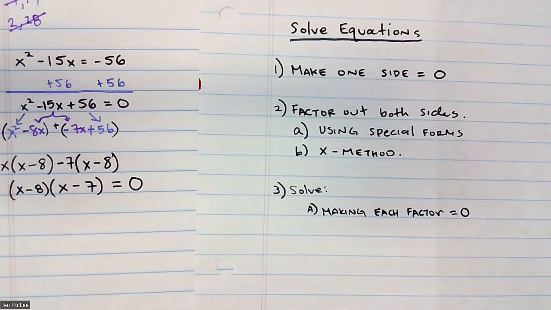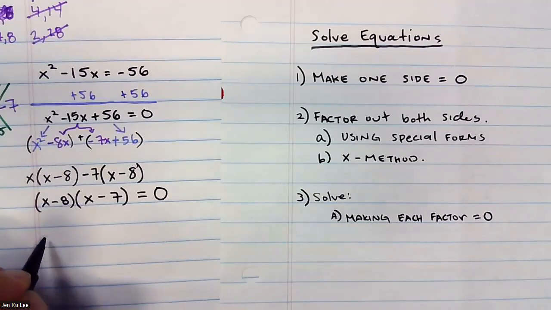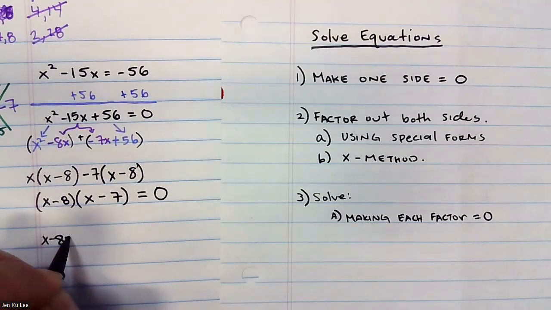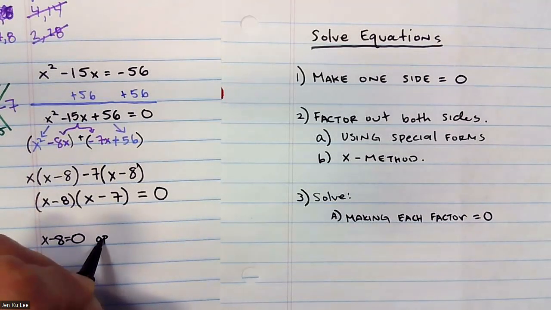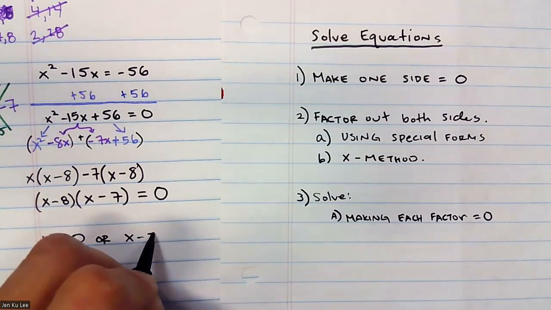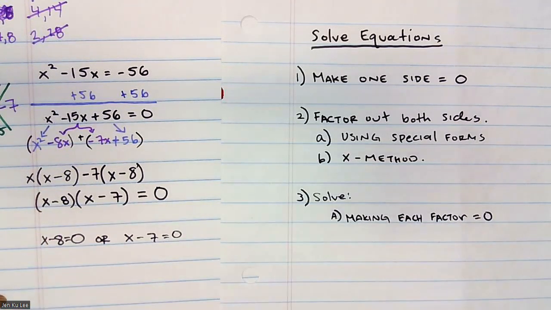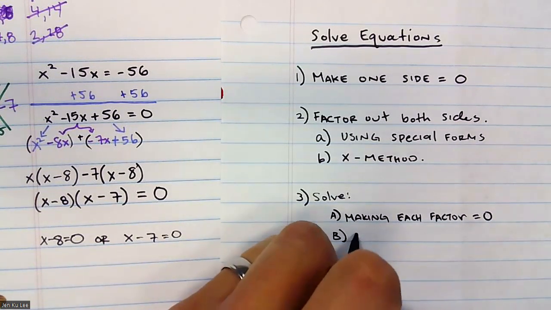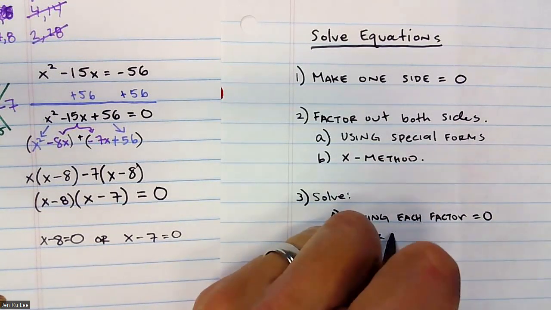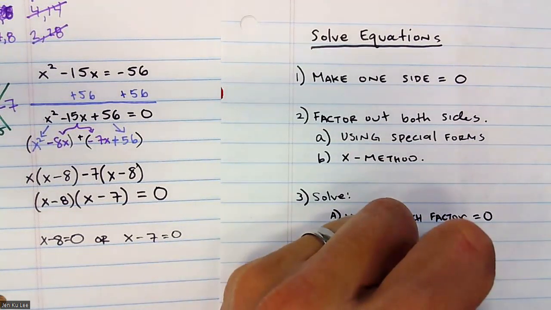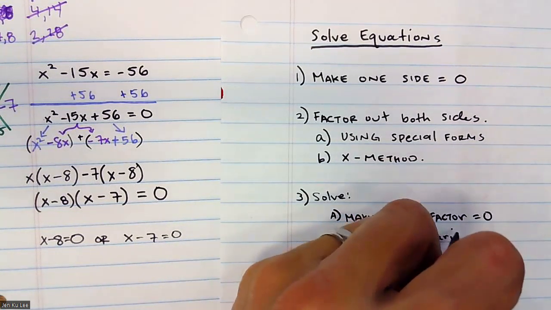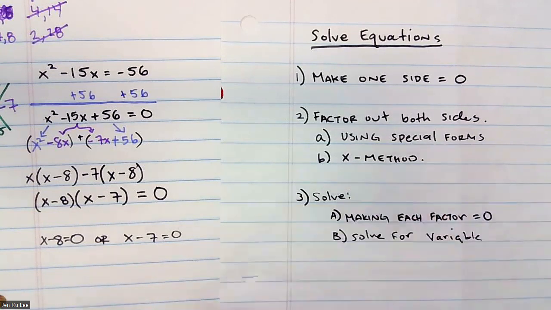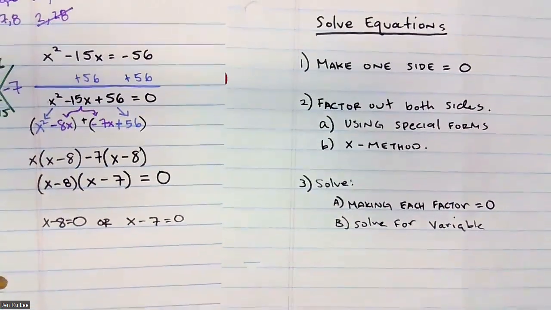Okay? So which means x minus 8 equals 0, or x minus 7 equals 0. And then just solve for x. I'm going to put the variable because it's not always going to be x.